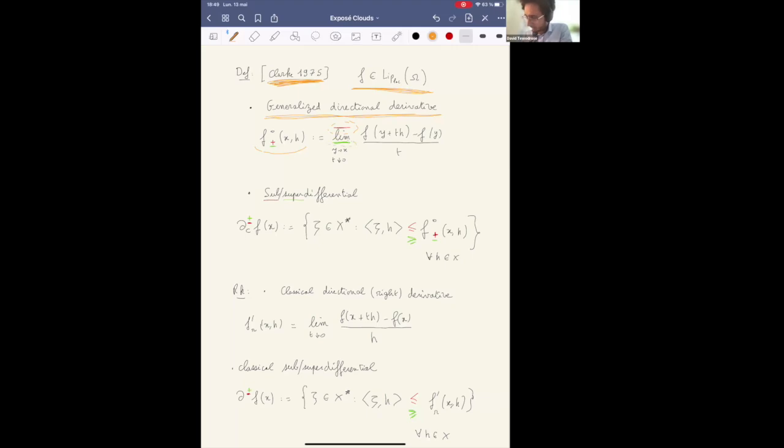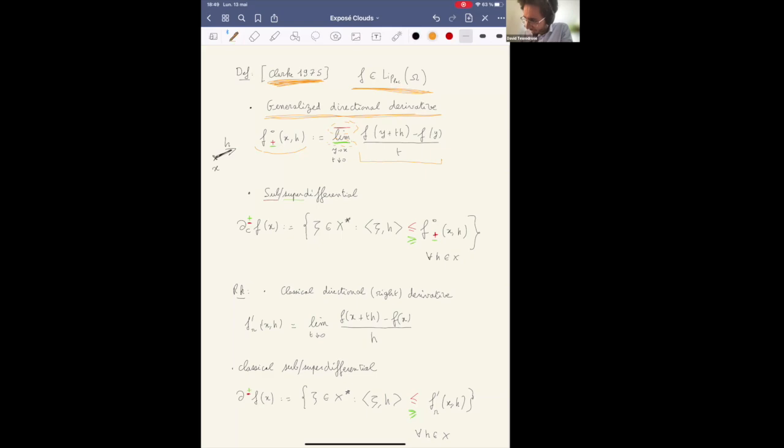In both cases, we consider particular difference quotients where we not only let t vary, so it's the generalized directional derivative at a given point x in some direction h.